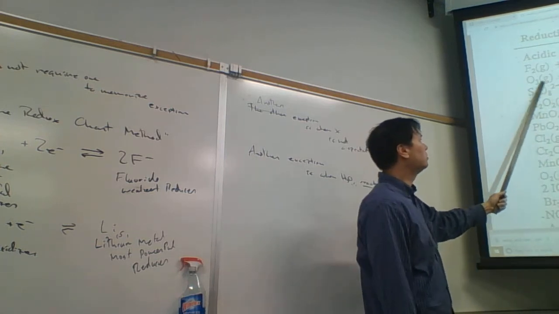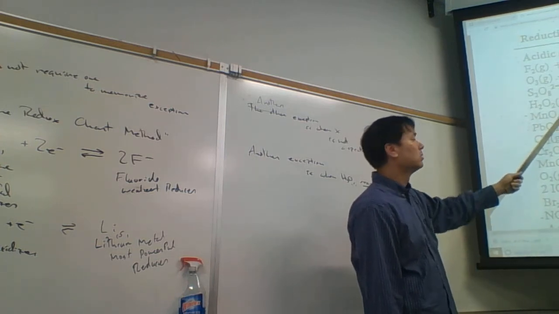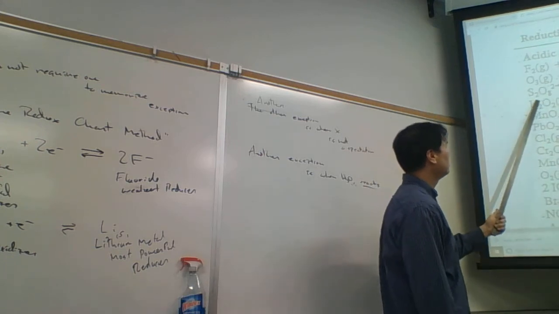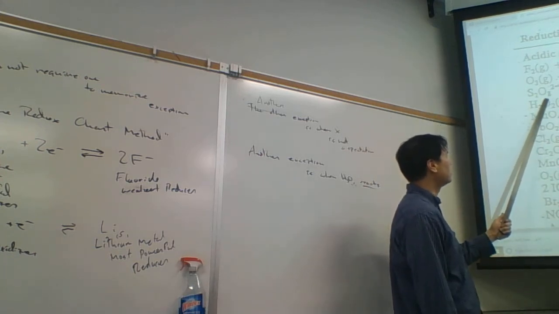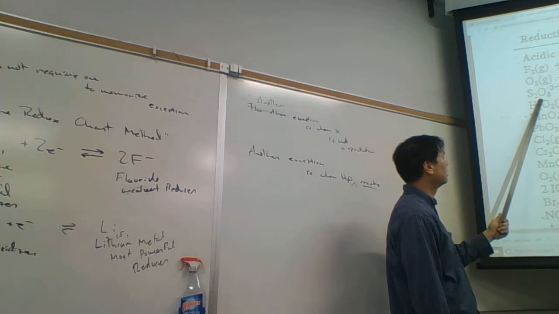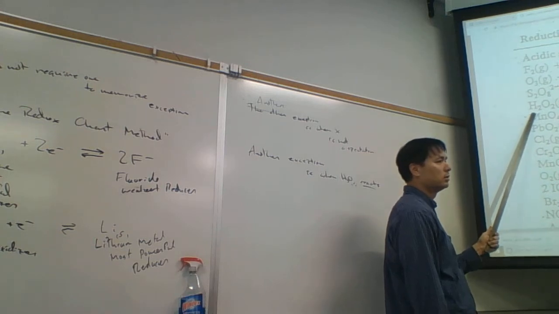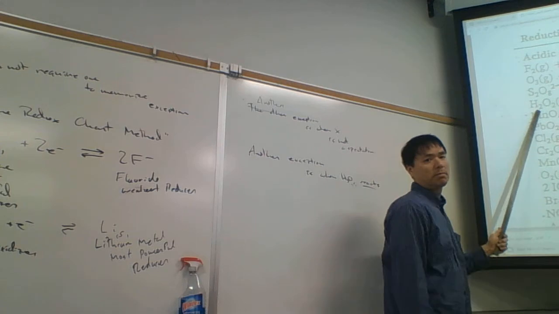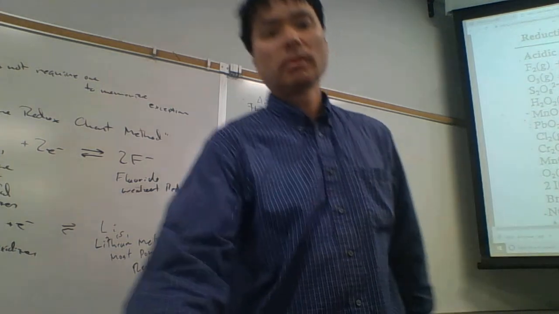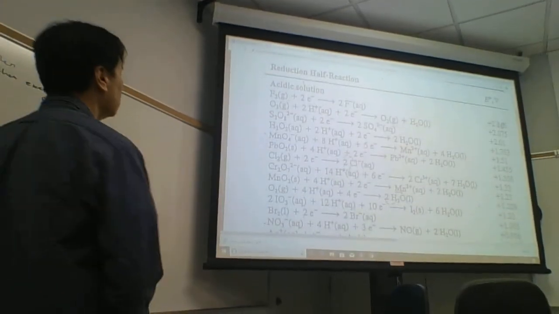We need ozone and acid. What's next? This one you don't know. It kind of looks like disulfate, but it's not. That's S2O8 2 minus. Leave it there. You should know this one. What's this one called? Hydrogen peroxide.